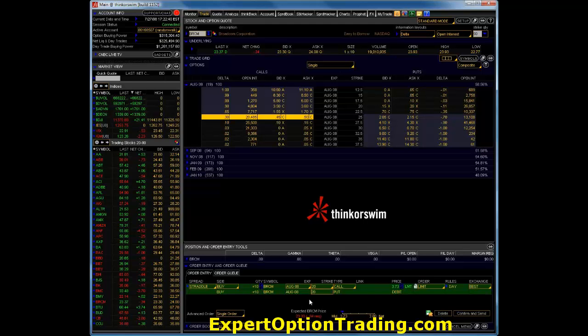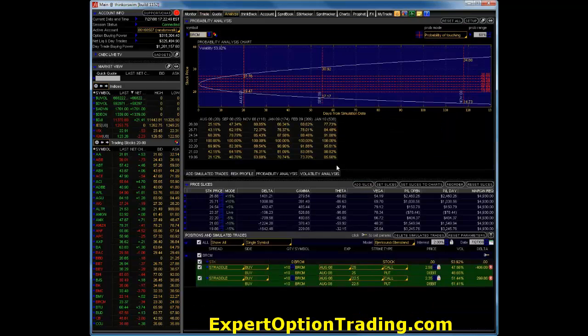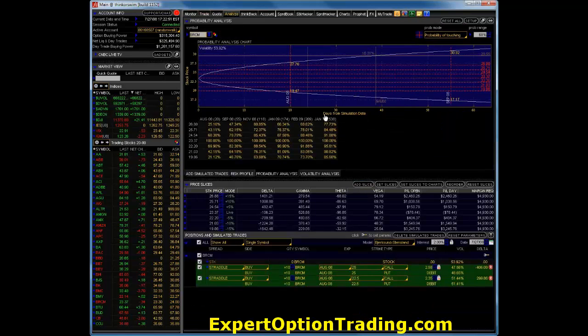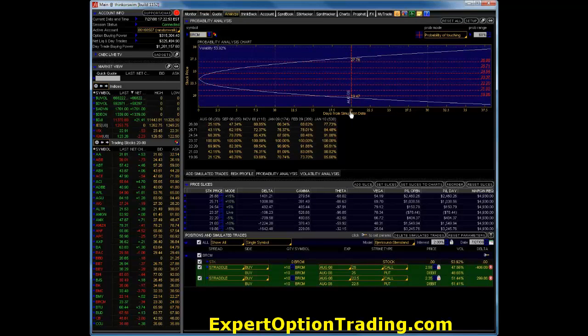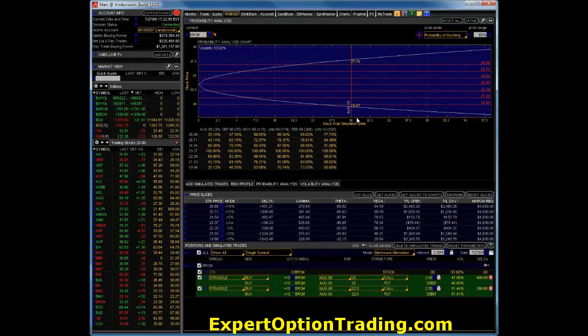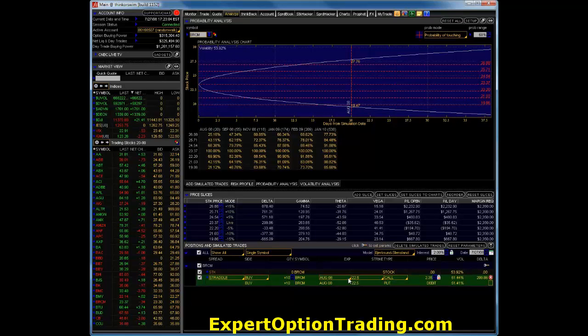If we go down to the 20, it's a little bit more expensive. So let's go with the $22.50 at $2.35. Let's go ahead and analyze that as a duplicate trade. And we'll stretch this out so that we get the most recent August expiration so we can determine our range. We're going to use a $22.50 straddle for $2.35.